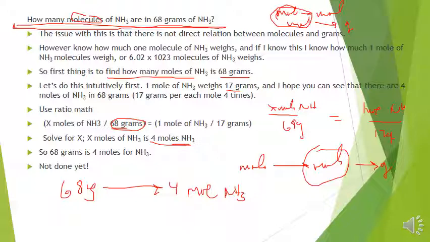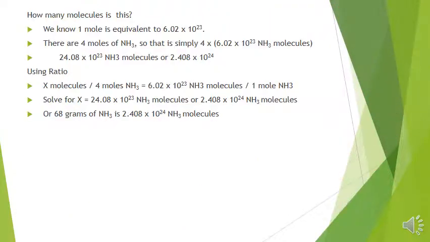How many molecules is 4 moles? Every mole is 6.02 times 10 to the 23rd. Do that 4 times, and you get 24.08 times 10 to the 23rd, or 2.408 times 10 to the 24th.